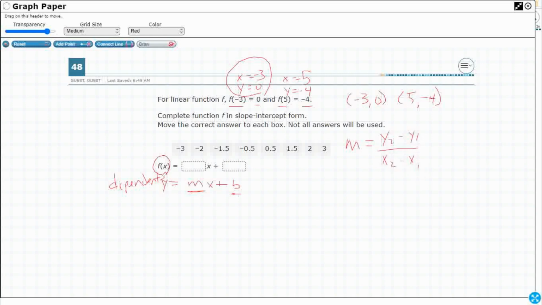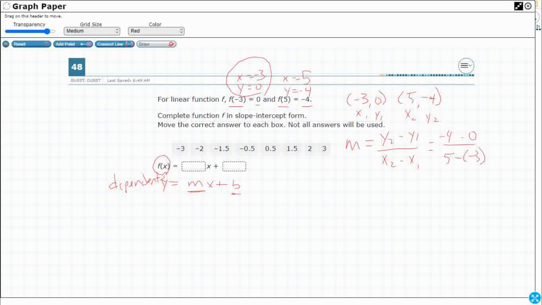Let's just label these x1, y1, x2, y2. All right, so my y2 is -4 minus my y1 is 0. That's good. And then my x2 is 5 minus my x1 is 3.